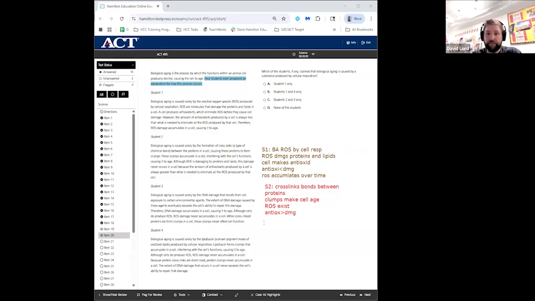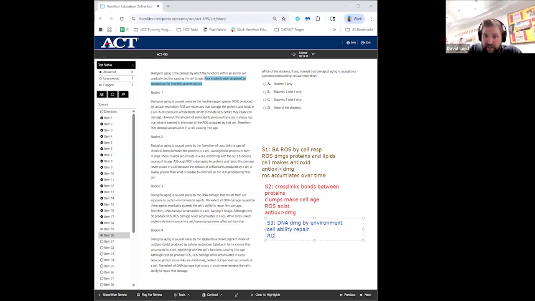Let's look at scientist 3. Biological aging is caused solely by DNA damage, by environment. So like maybe sunlight or smoking. The extensive damage is caused by the cell's inability to repair the damage. So it doesn't say anything about ROS or damaging like that. But it does say about cells' ability to repair, which is similar to like the antioxidants.